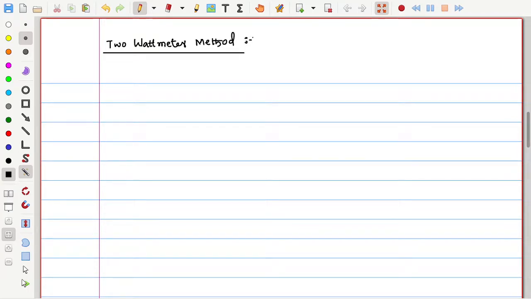First, let me take up a three-phase system, for which I am taking a balanced load whose impedance is Z at an angle theta. I am considering a star connected load here: another impedance Z at an angle theta and one more impedance Z at an angle theta.